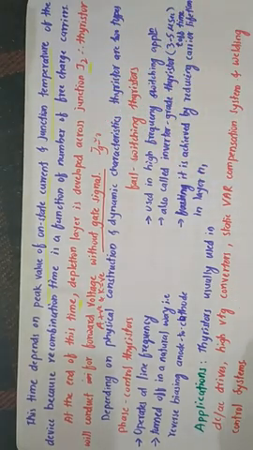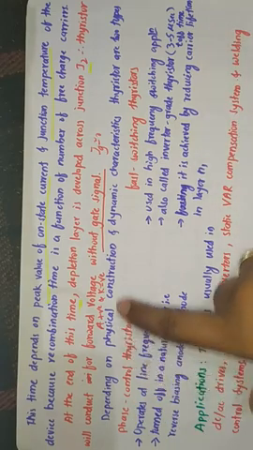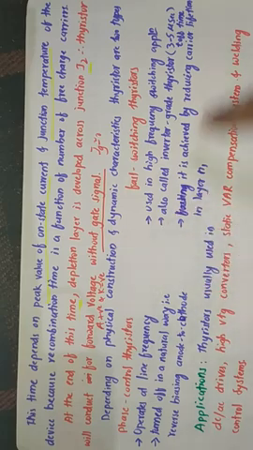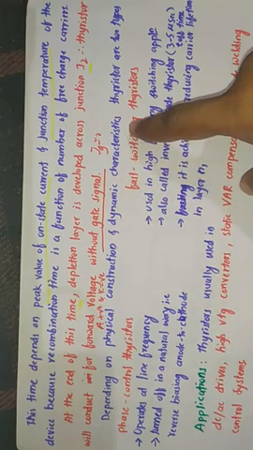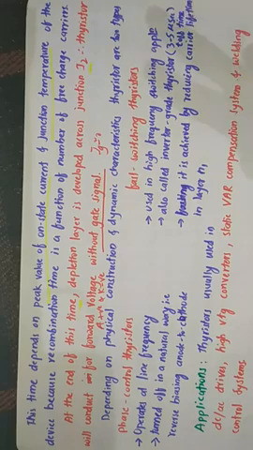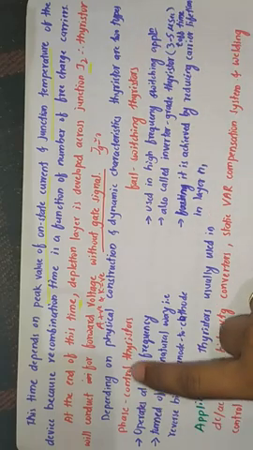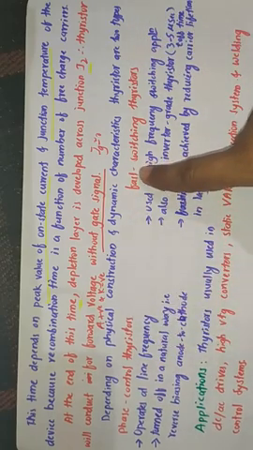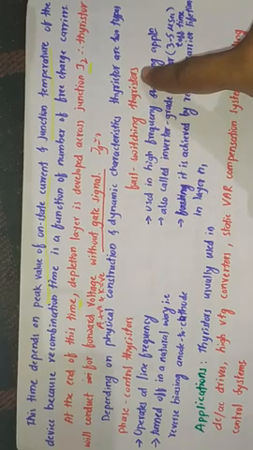There are a few more points related to this. Depending on the physical construction and the dynamic characteristics, thyristors are divided into two types: phase controlled thyristors and fast switching thyristors.